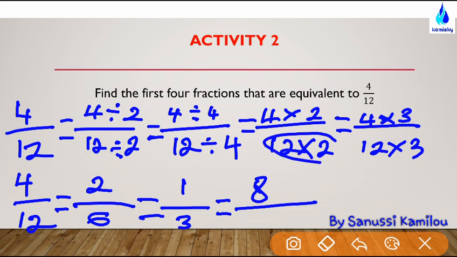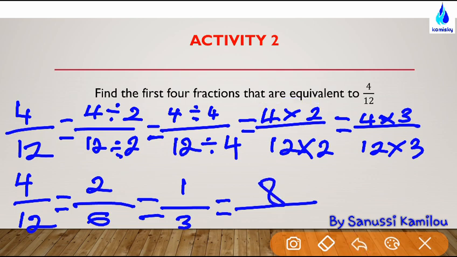And then 12, we are here. 12 times 2 give us what? 24. I'm saying that when we multiply 4 by 2, you are getting 8.